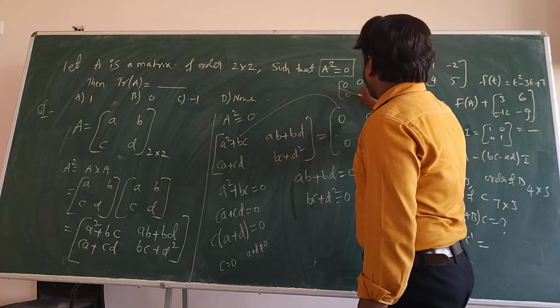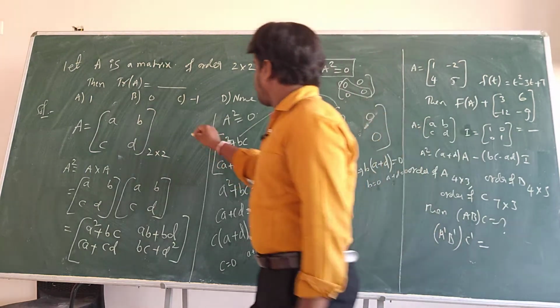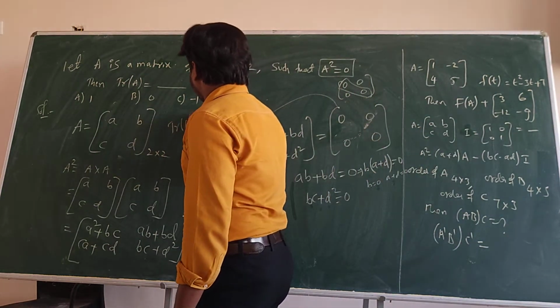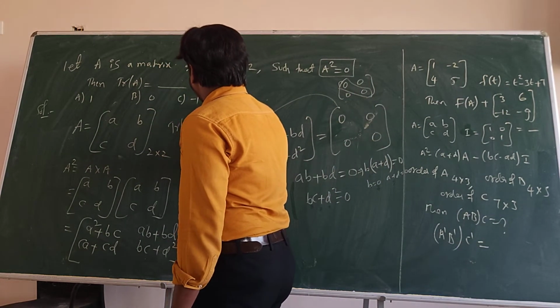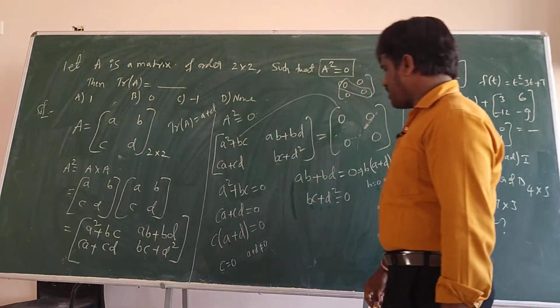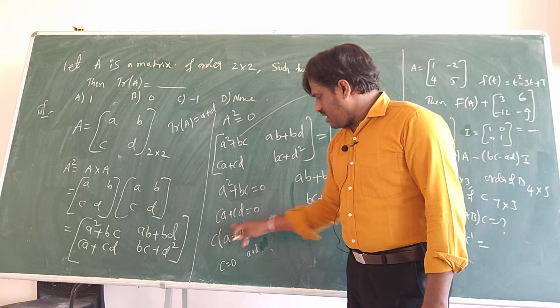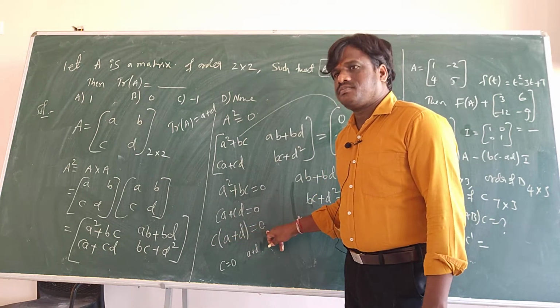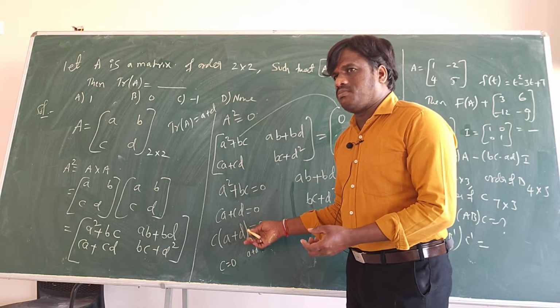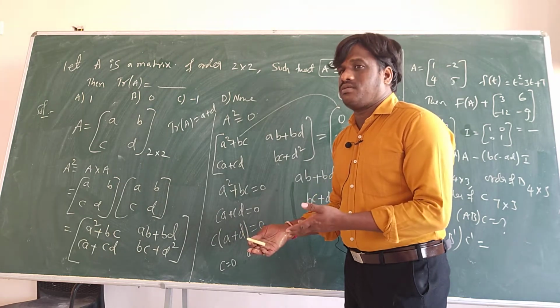What is the trace of the matrix? Trace of A is A plus D. So if I am saying here, either C is 0 or A plus D is 0. Anything, A into B is 0 means A is equal to 0 or B is equal to 0.